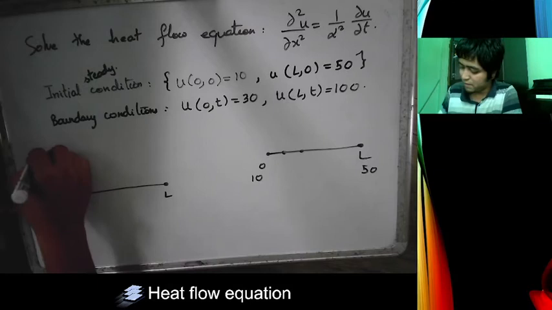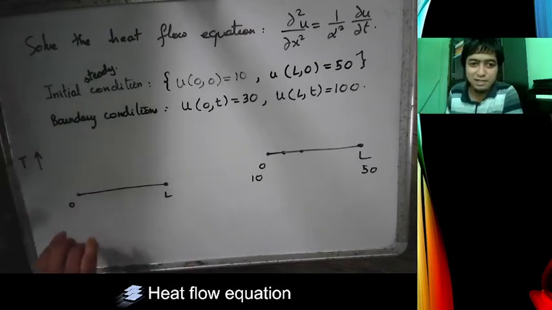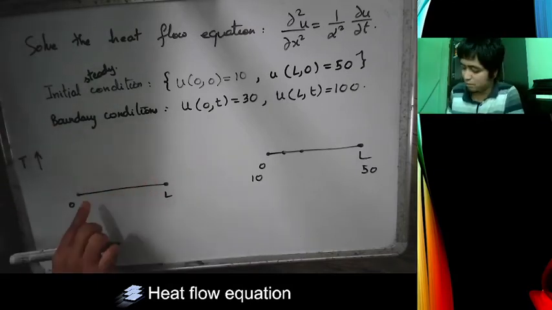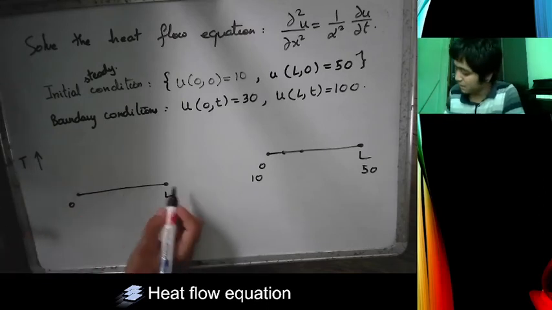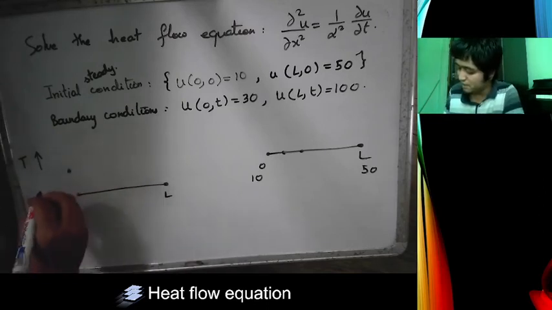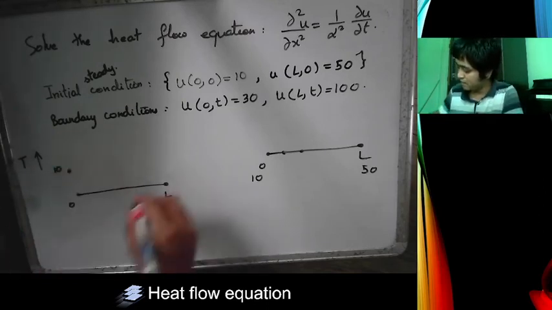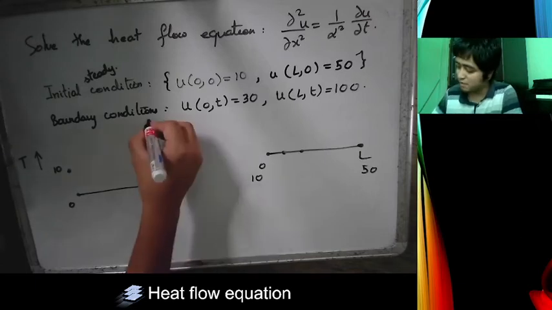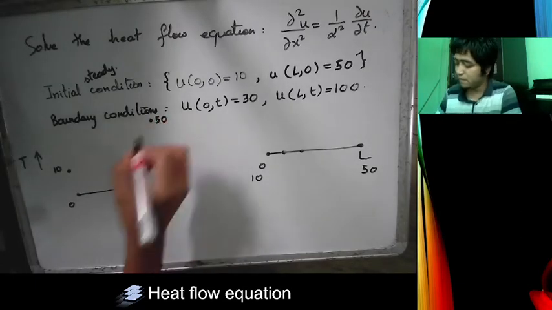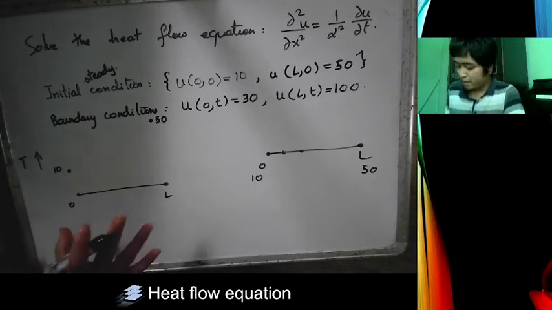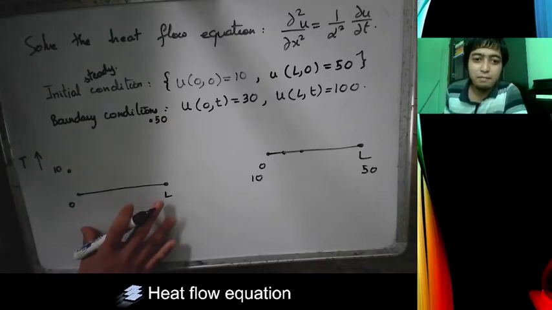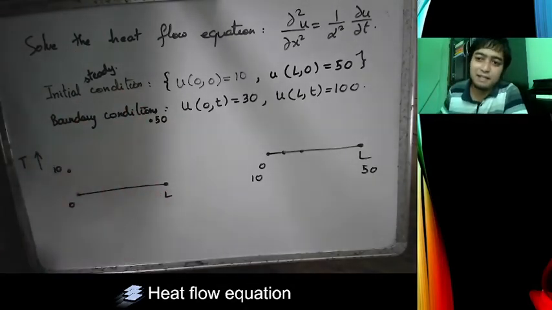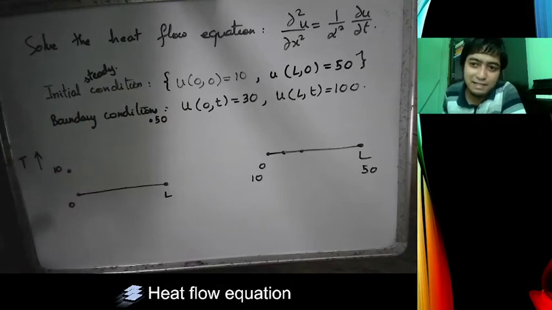I will plot the temperature upwards, and this is the rod, specifying the position. So initially it was at temperature 10, and L was at temperature 50. So you were keeping this rod in these conditions, and it has achieved a steady state.